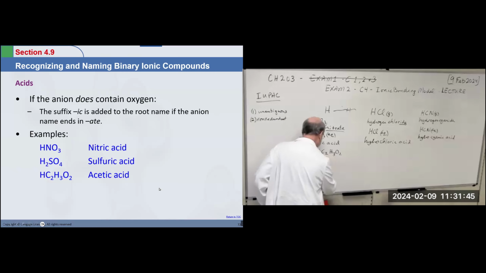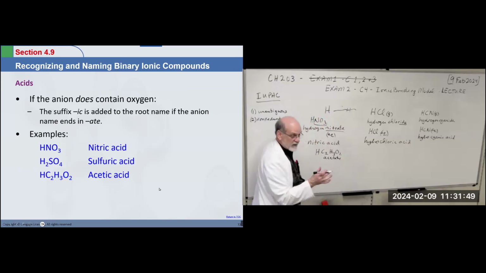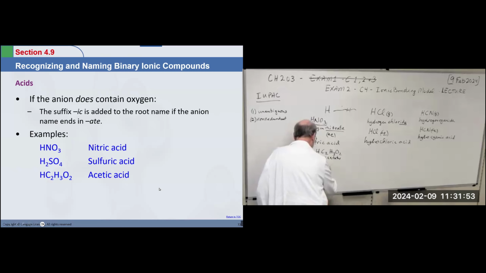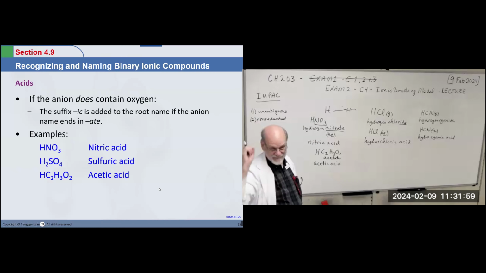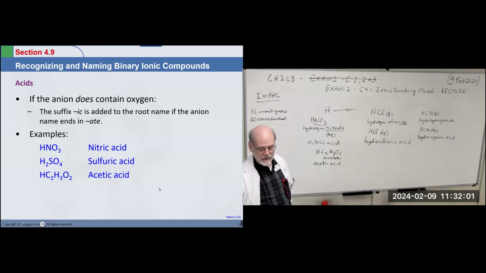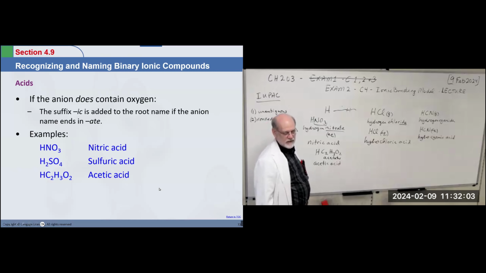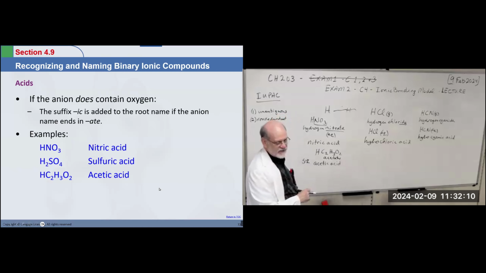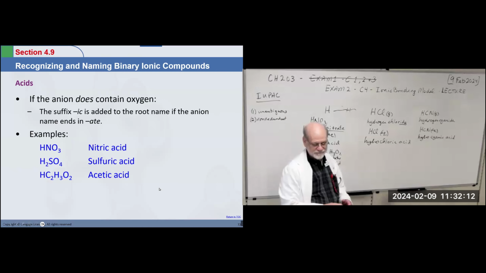We take this one, which is called acetate. That's the acetate polyatomic ion. Ate becomes ic. We say acetic acid. Okay? Now, if you put vinegar on your salad or use vinegar for anything else, what you have is a 5% solution of acetic acid. That's vinegar.